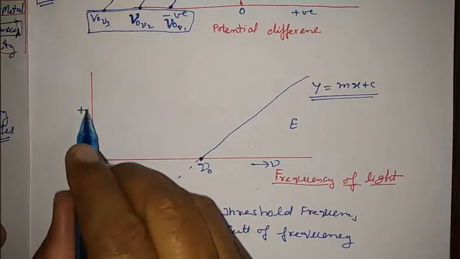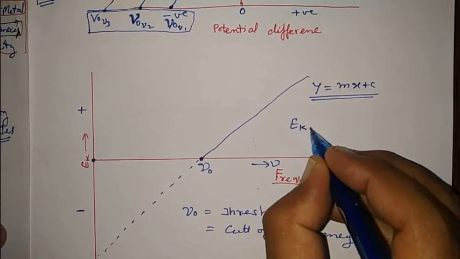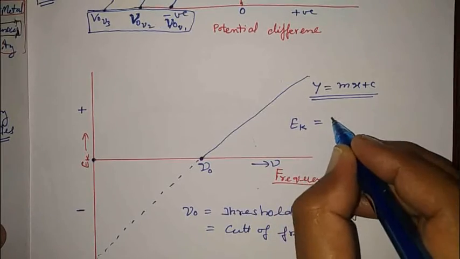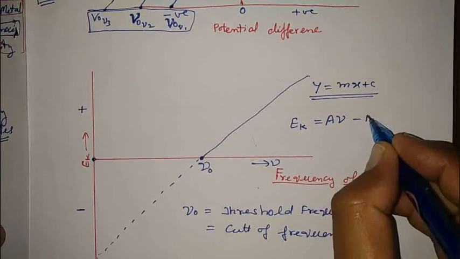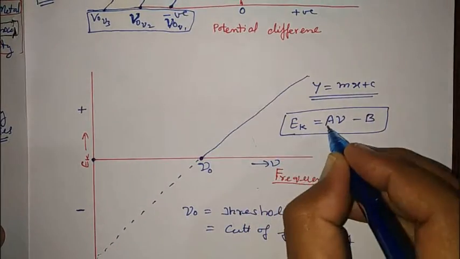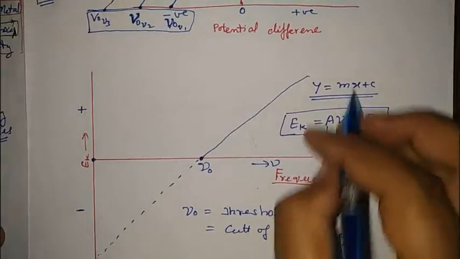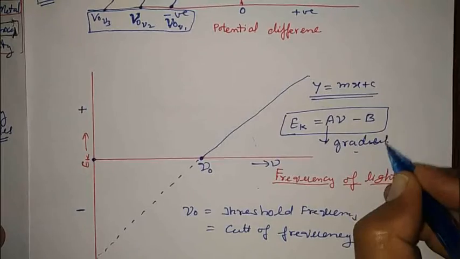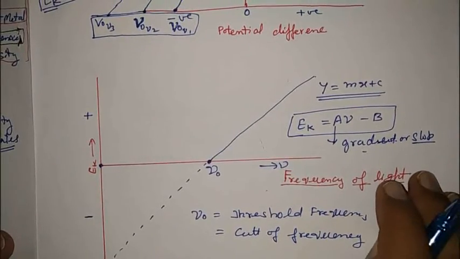Y, the displacement along the kinetic energy of the fastest photoelectron, is A times frequency minus B, where A is called the gradient of the straight line, or the slope in the graph.